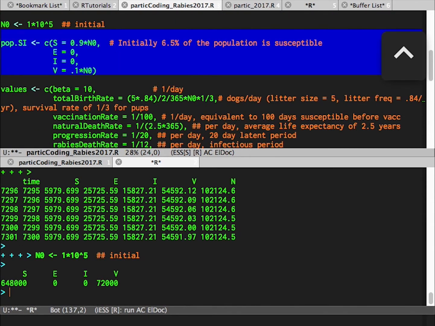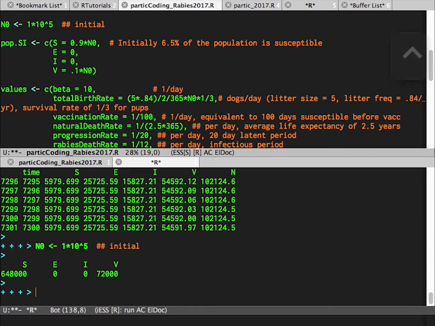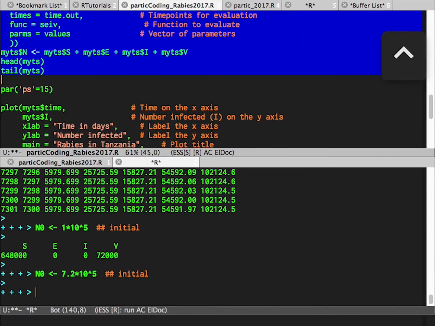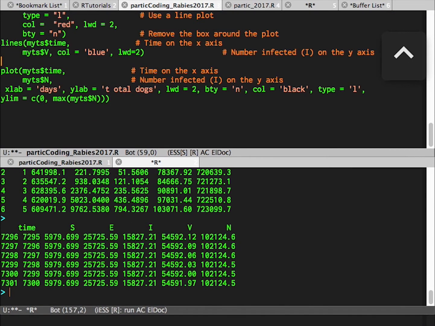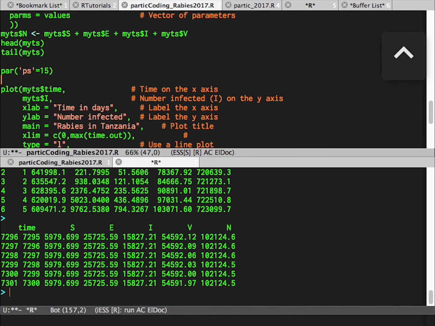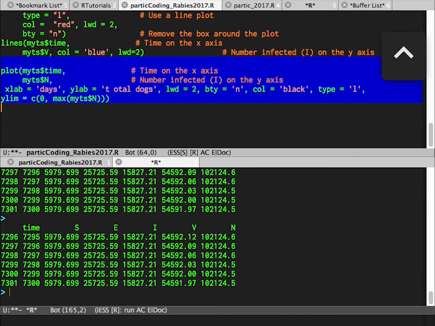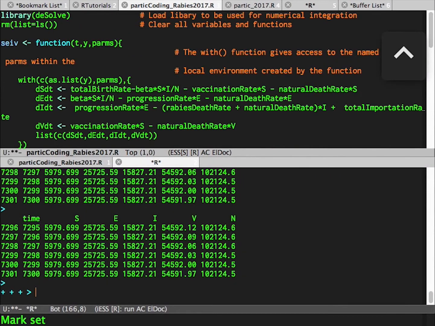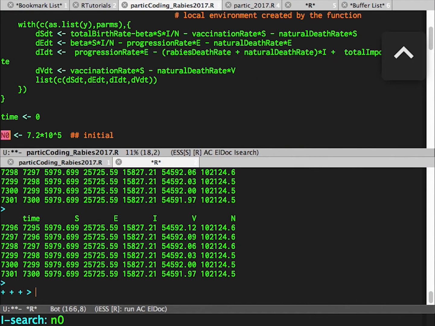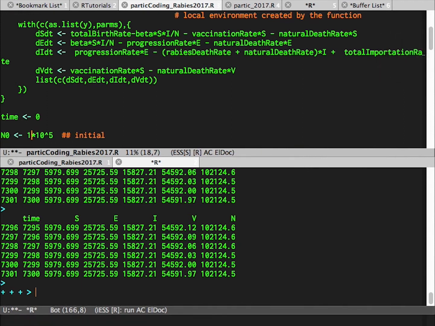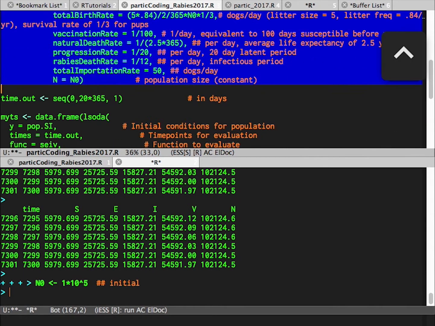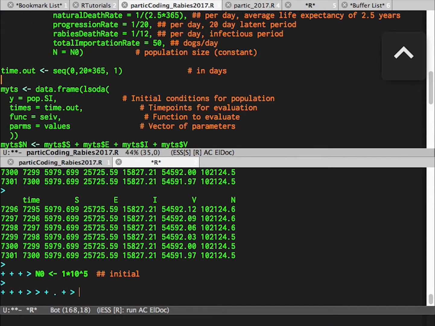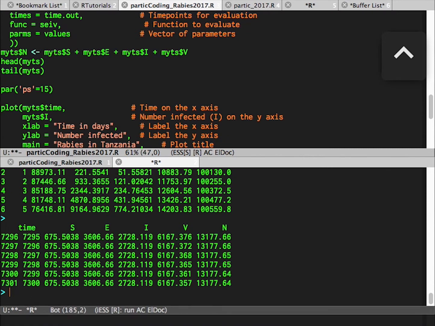I don't think I redid this. It's part of the problem. So let's go back to that. Still going to 100,000 dogs. No, it's going to 700. So, very minor point.